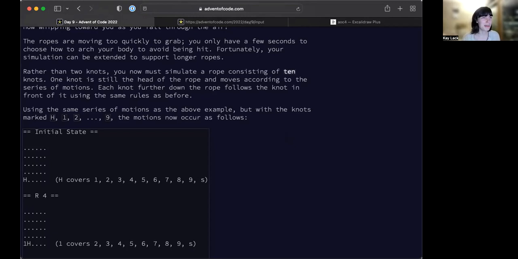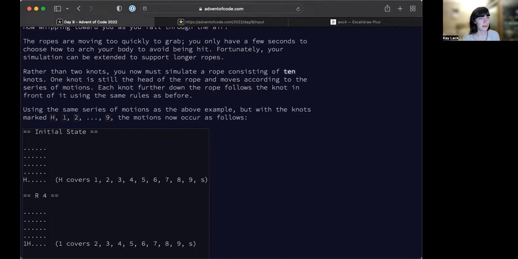Okay, let me look at my code at the moment. So yeah, we need to change the head and the tail to be a list of coordinates.